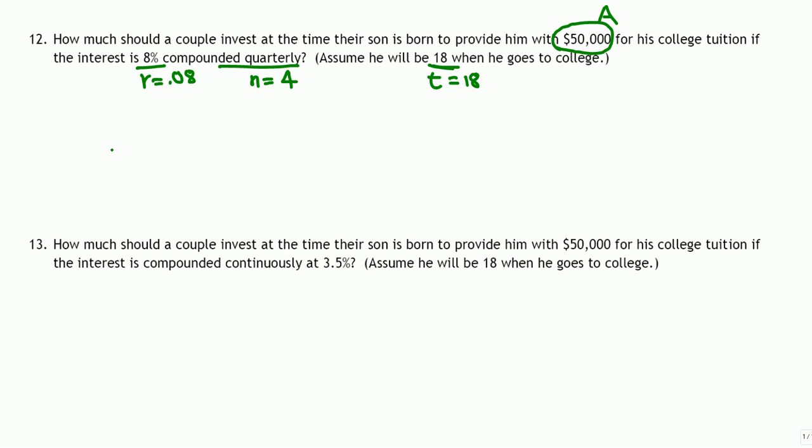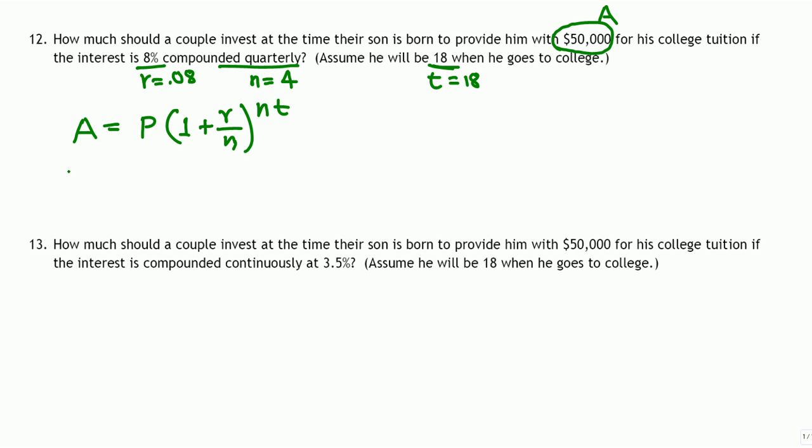Now we will be given the following formula. The future value A is given by A = P(1 + r/n)^(nt). Plug in the given numbers and find the unknown.